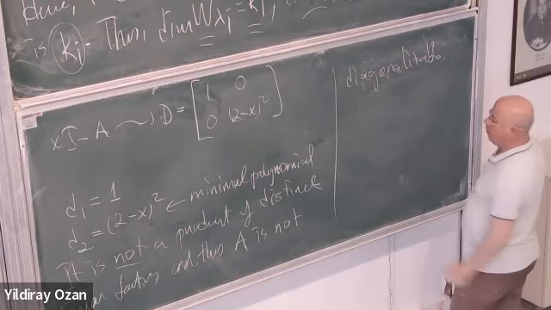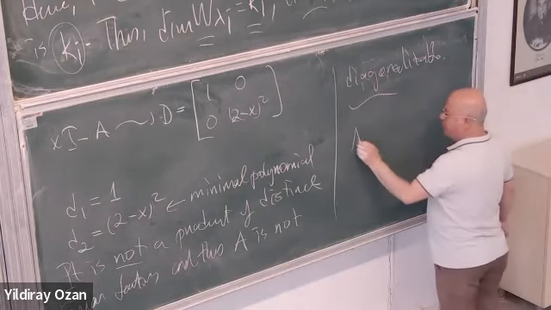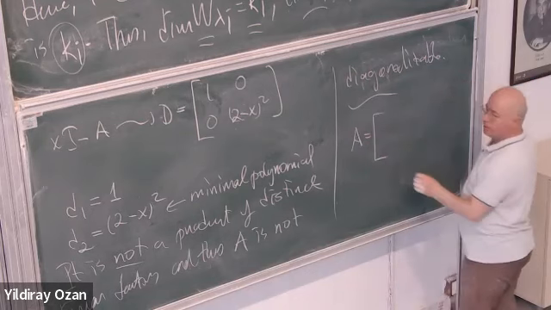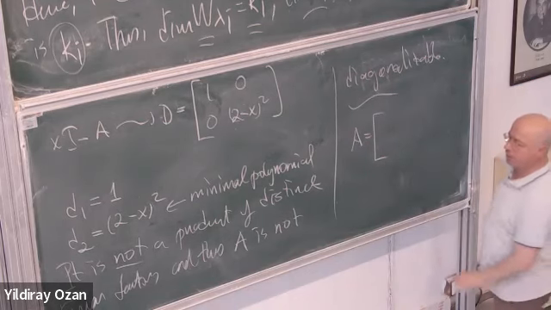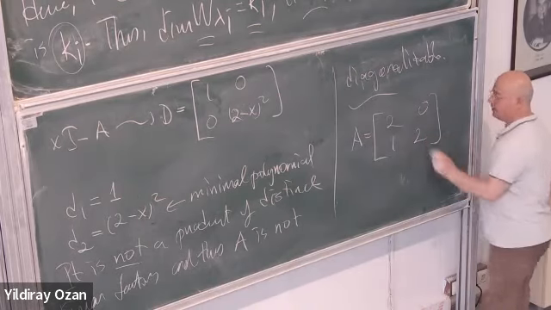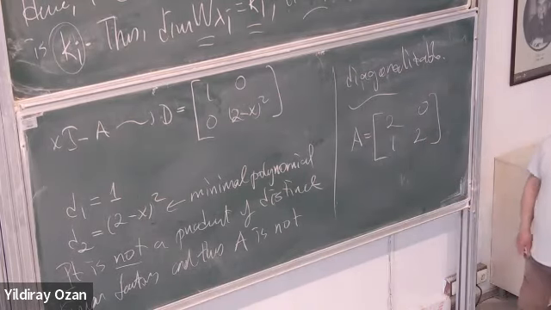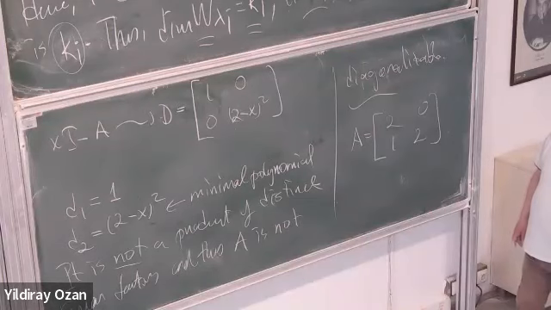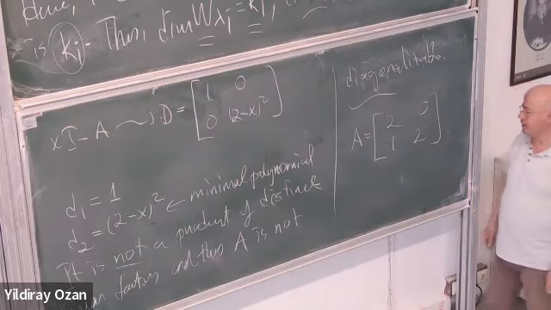Well, okay, now we have this matrix A. What was it? 2, 0, 1, 2, and it is not diagonalizable. So what will be the canonical form of this?